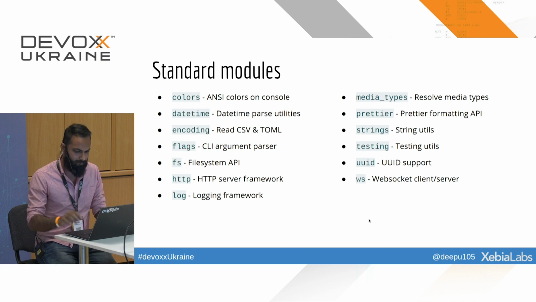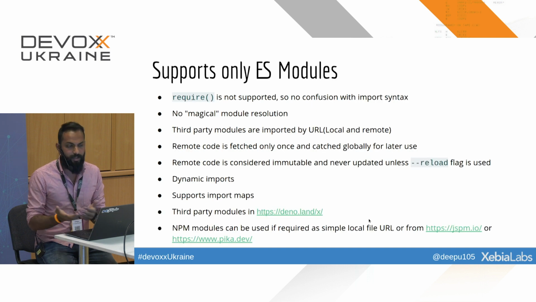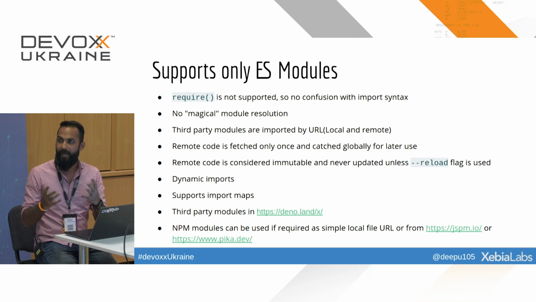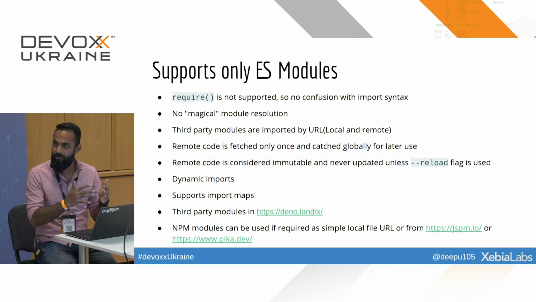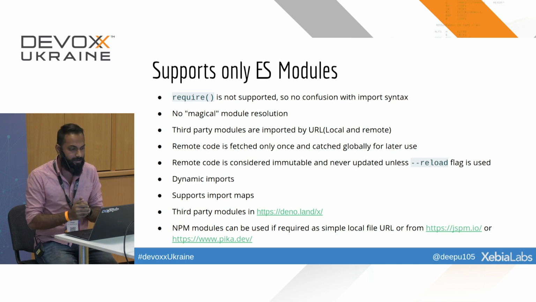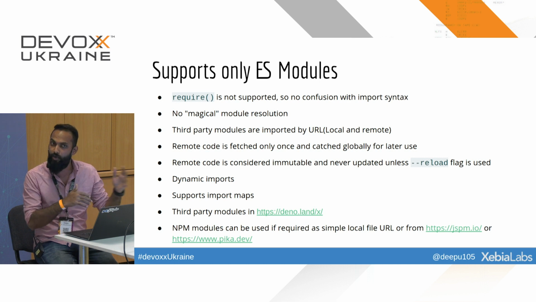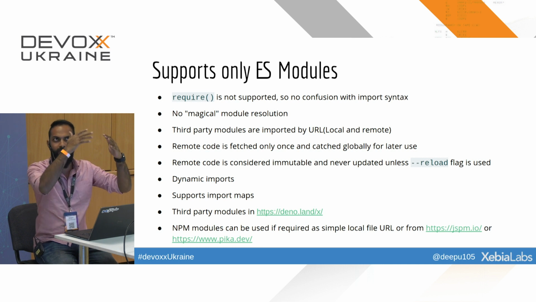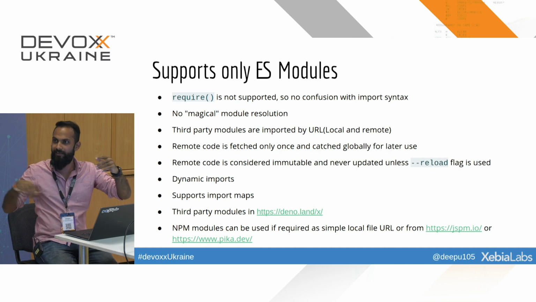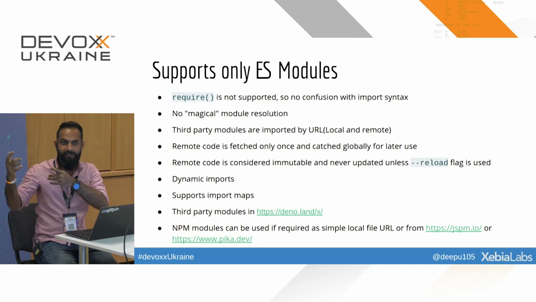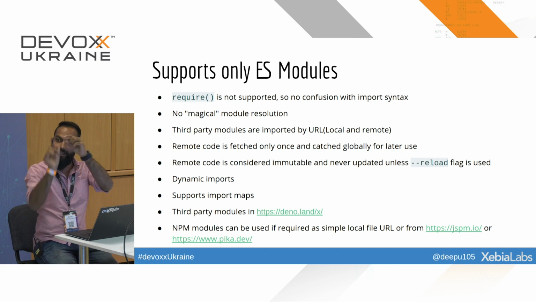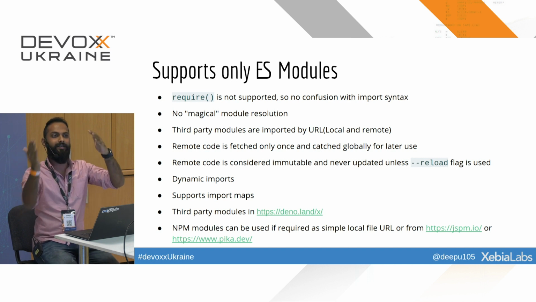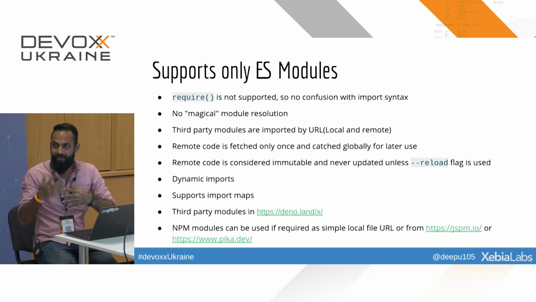So nothing extraordinary there. Another good thing I like about Deno is that it doesn't try to do a lot of magic for you. It only supports ES modules, which is the ECMAScript standard. It doesn't support require.js or CommonJS or these kinds of things. So there is no magical module resolution like how Node tries to do. If you look at how Node tries to resolve modules, it goes through, I think at least 9 layers of resolution, like trying to resolve by index.js, then trying to resolve by the library name.js, then going a level outside, and all these kinds of magic things, tries to help you.